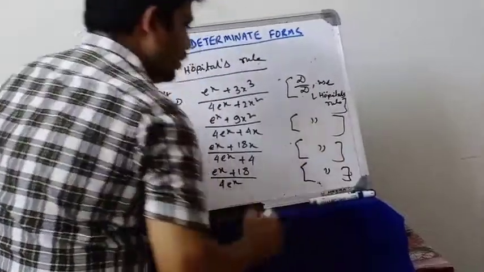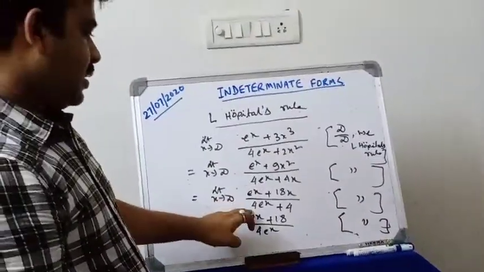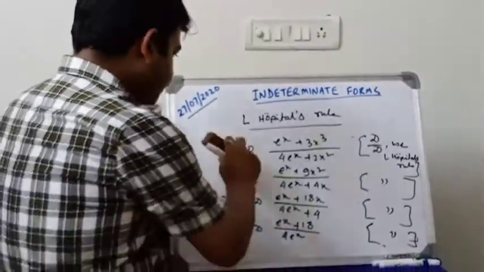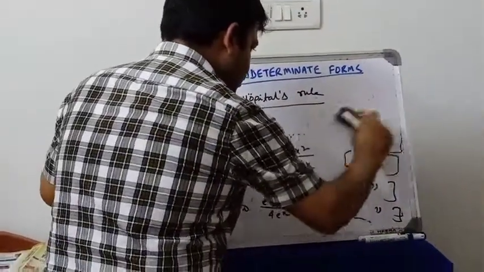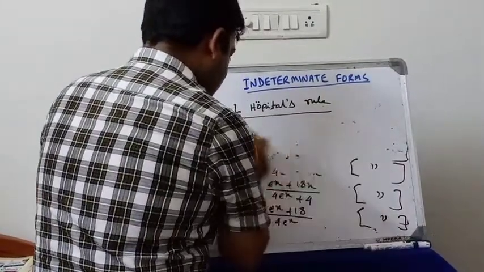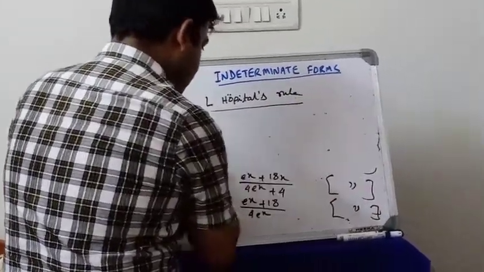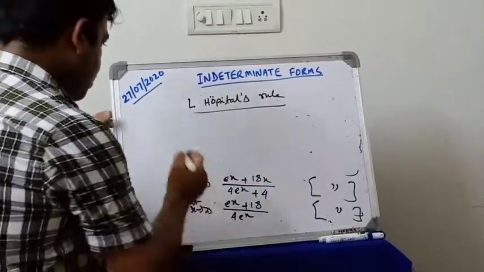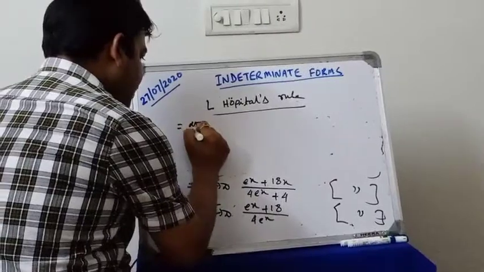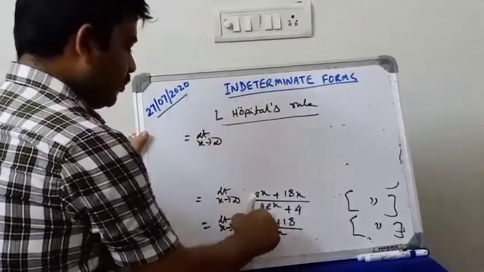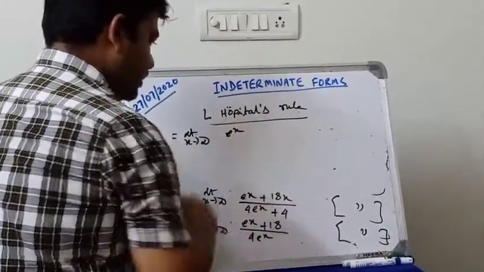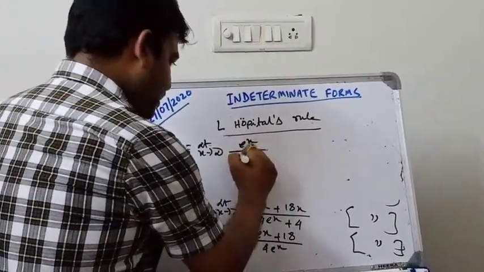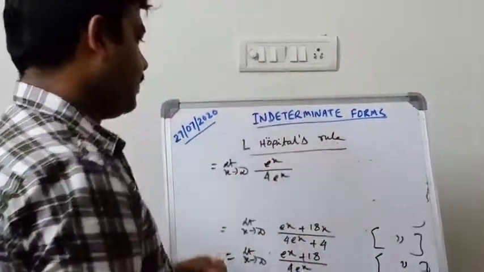So again what you have to do? You have to do the derivative of numerator as well as the denominator by L'Hopital's rule. So again if we take the derivatives of both, we get limit x tends to infinity, e to the power x, derivative is e to the power x, 18 derivative is 0, by 4 e to the power x, derivative is 4 e to the power x.